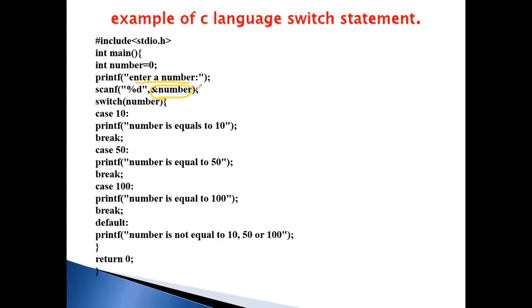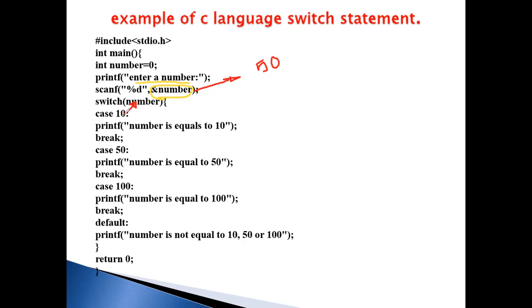For example, if you have entered the value 50, then the first case, followed by its parameter, should match your entered number. The switch number you entered is 50, and the case value is 10. 10 is not equal to 50.